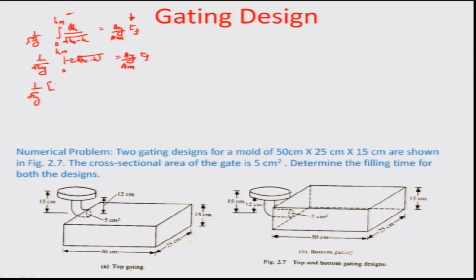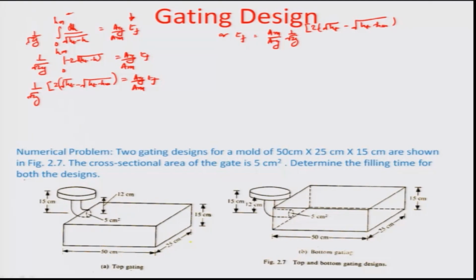We have 1 by root 2g times 2 of root Ht minus root of Ht minus Hm equals Ag by Am Tf. In other words, Tf becomes equal to Am by Ag times 1 by root 2g times twice root of Ht minus root of Ht minus Hm.